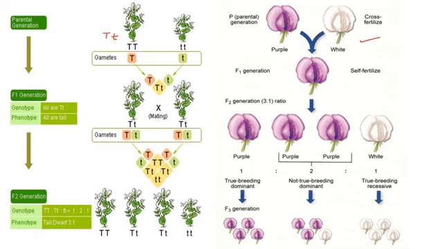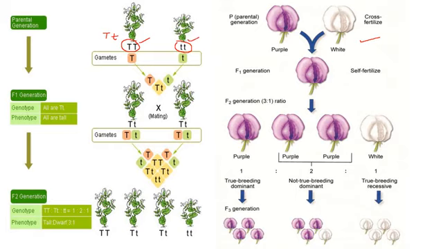In this monohybrid cross, first of all, the parents are pure in nature. What do we mean by pure? That means both the genes are similar, that is, they are homozygous in nature. One parent is homozygous dominant and the other is homozygous recessive.